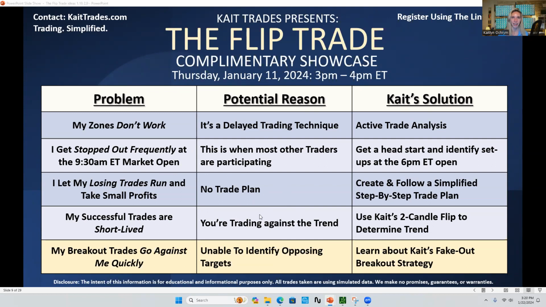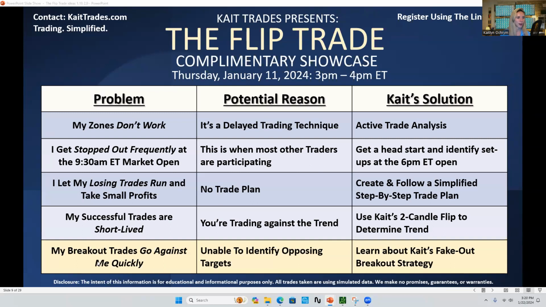We want to stack as many odds in our favor as possible. In trading with the trend, we can use the 2-candle flip zone, which can give us a gauge of the trend. I mentioned the daily chart is really our foundation for locating trend and finding those key turning points. From there we'll go down to the smaller time frames to find ways to splice in.